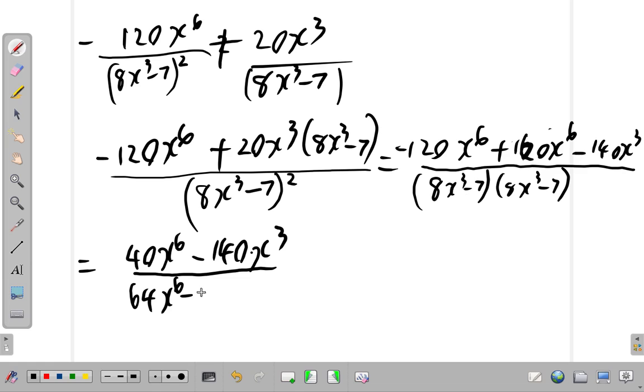That will be negative 112x cubed, plus 7 times 7 is 49.